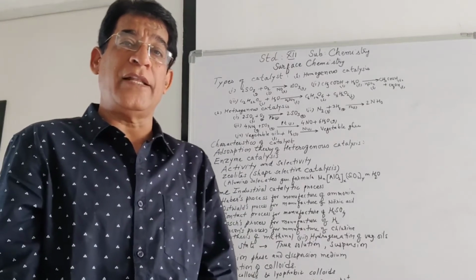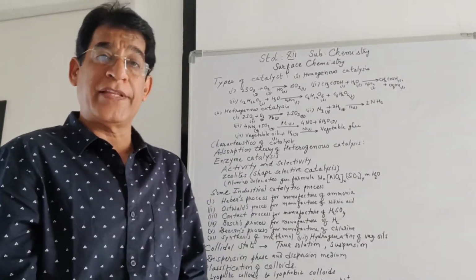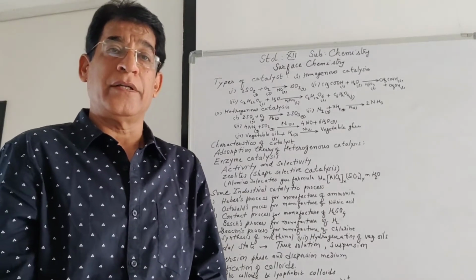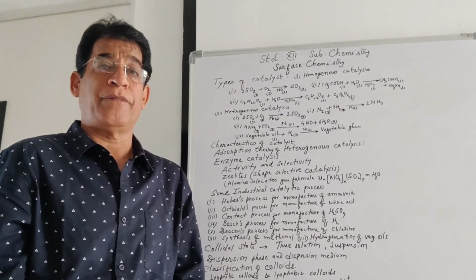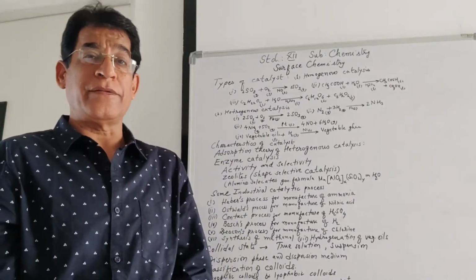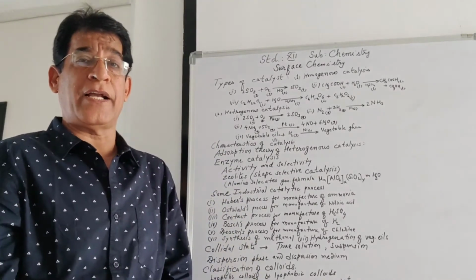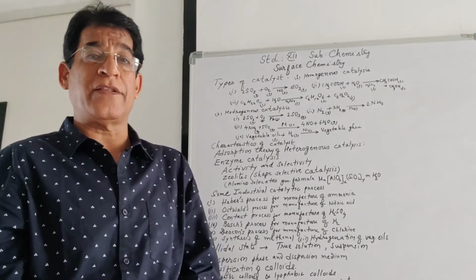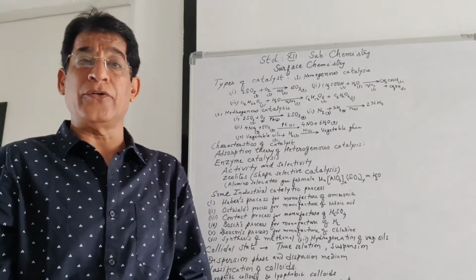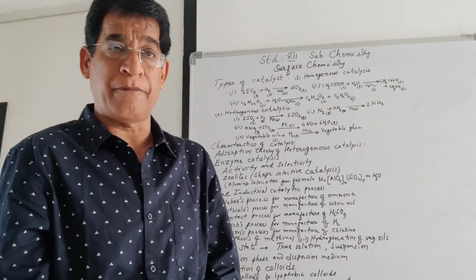Nitrogenase is an enzyme present in the bacteria on the root nodules of leguminous plants such as peas and beans, and it catalyzes the conversion of atmospheric N2 to NH3.